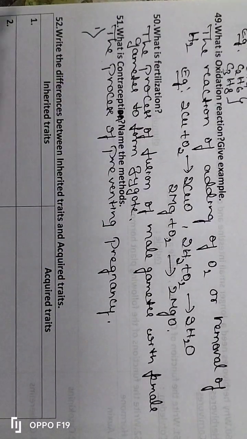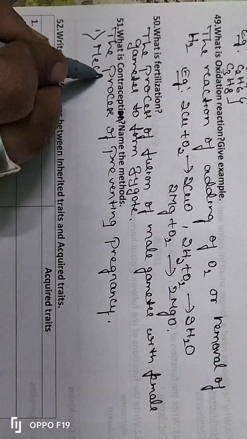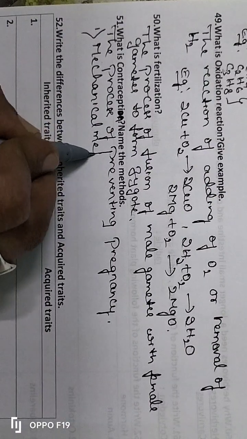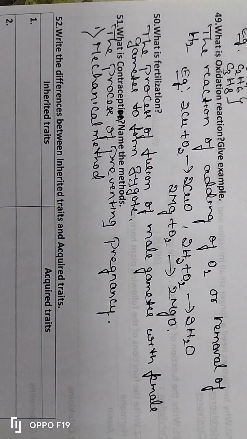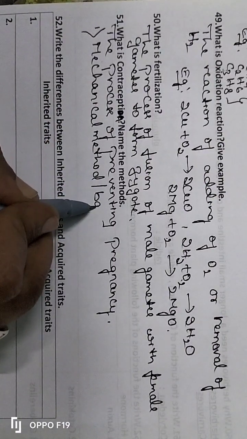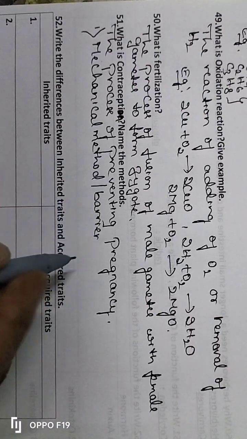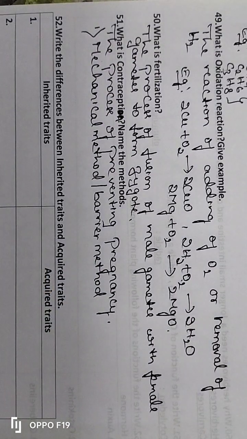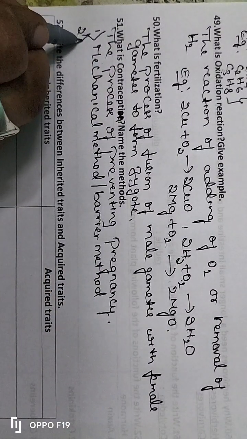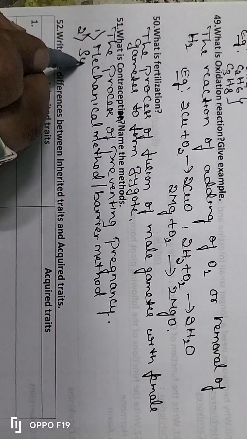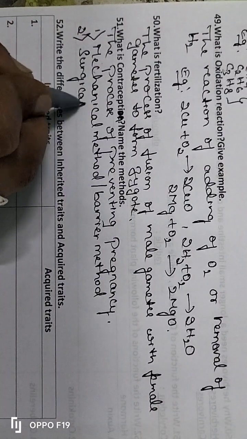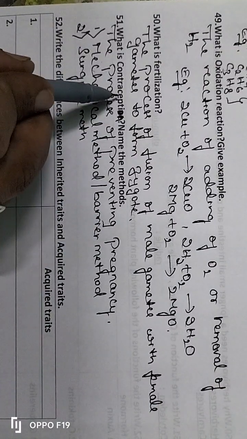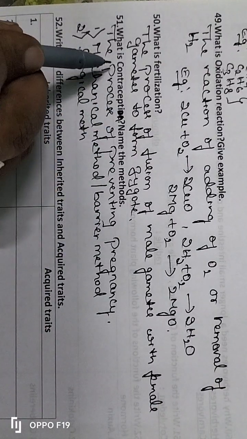Now let us list the methods. The first method is called mechanical method, or it is also called barrier method. The second method is called surgical method. Just keep in your mind the definition of contraception and its methods.